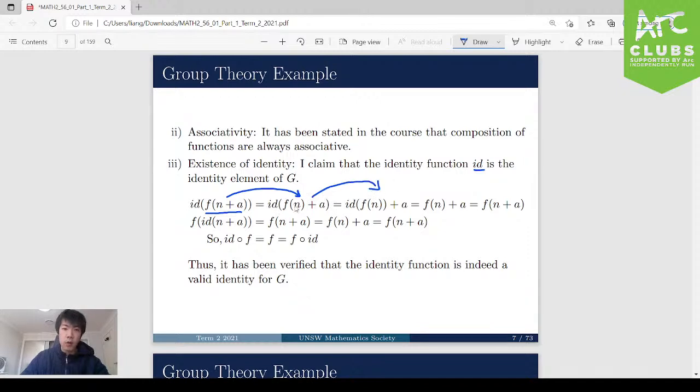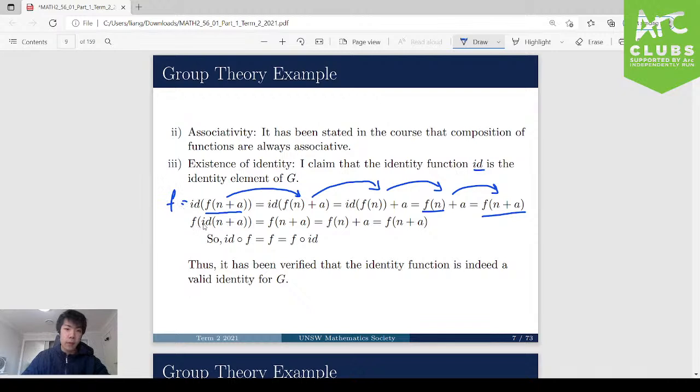So id of f of n plus id of f of a, you break it down again. And finally, id of f is just, like I said, the identity map, so it brings you back to f of n itself. So you're left with f of n plus f of a. But if you reverse the property given to you, that is f of n plus a. And so that first part is done. So this is equal to f, right?